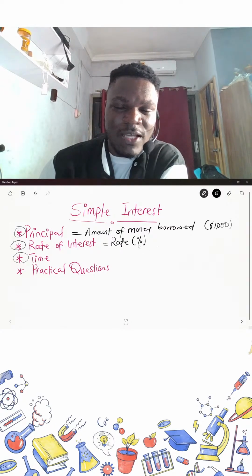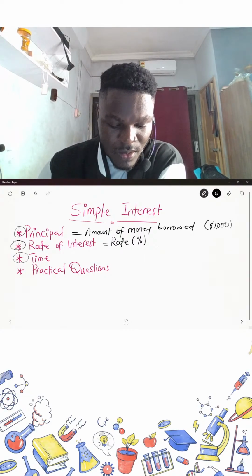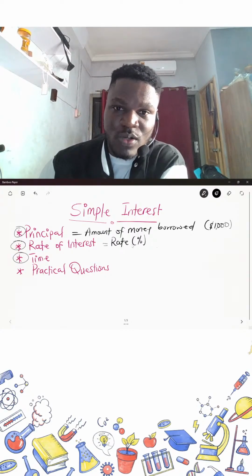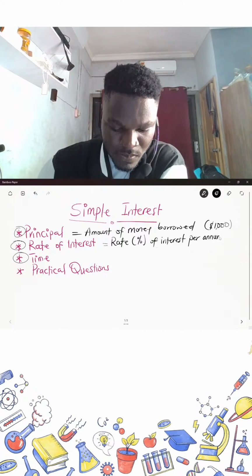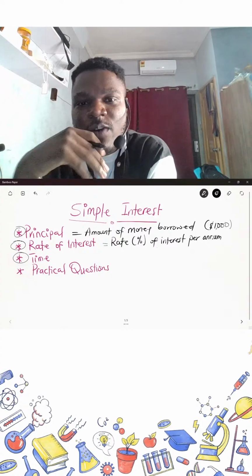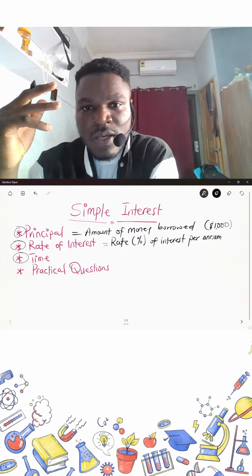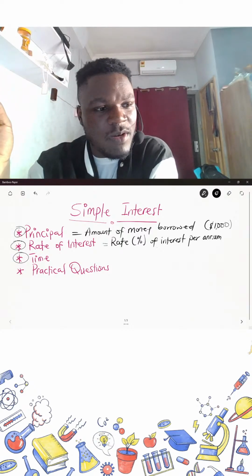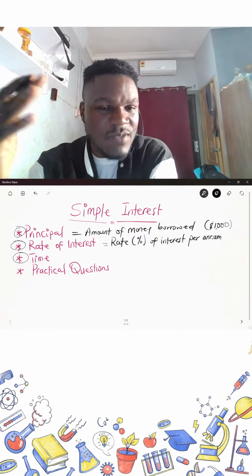So the rate of interest is basically the rate, in percentage. It's always in percentage. This is the rate of interest per annum. So for instance, you hear people saying that if you're going for a loan, I've been given a loan of this amount of money at this particular rate, at 5%, at 10%, at 15%.